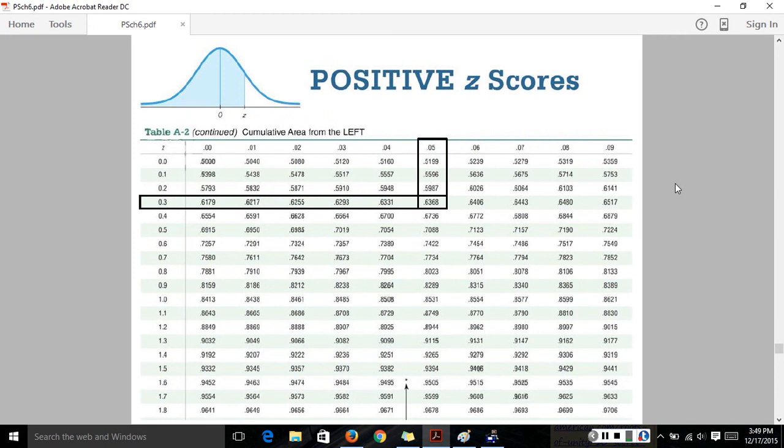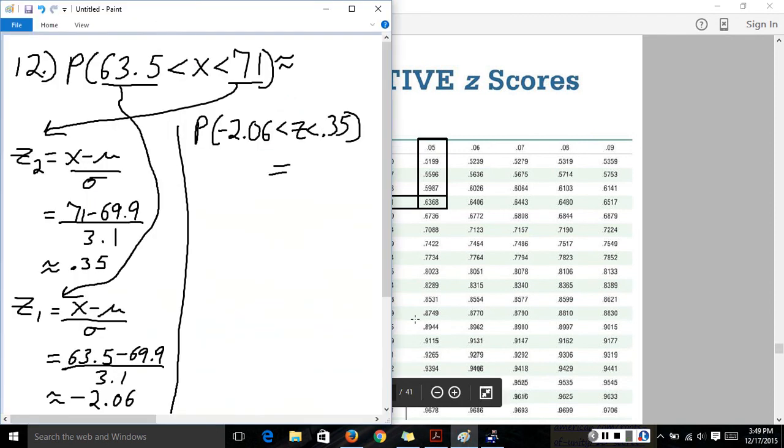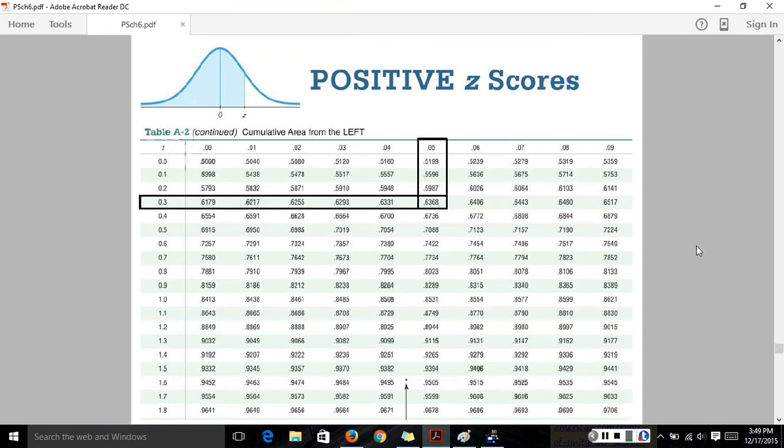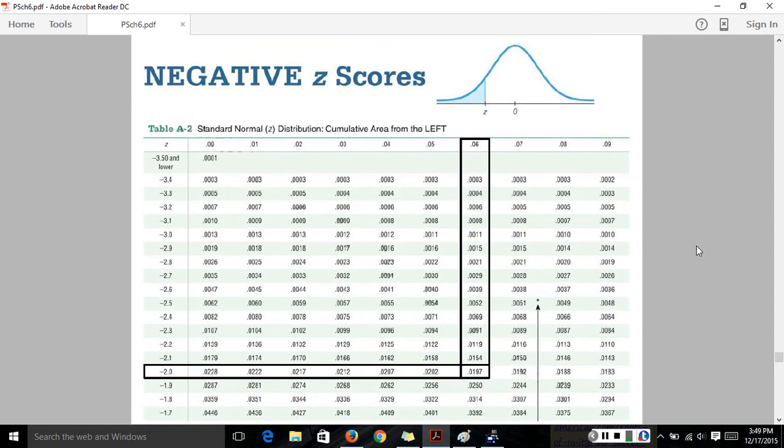So here's the one on the right. 0.35 gives me an area of 0.6368. So 0.6368 minus, and the area on the left, the z-score on the left, negative 2.06, gives me 0.0197.